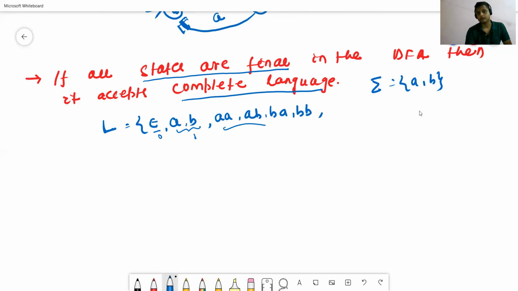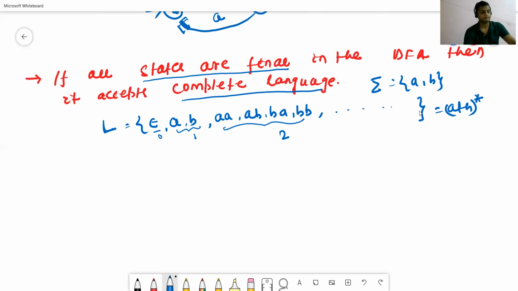Like this, up to this, is called the complete language. We can represent the complete language as (A plus B) whole star. If all states are final in the DFA, then it accepts the complete language.